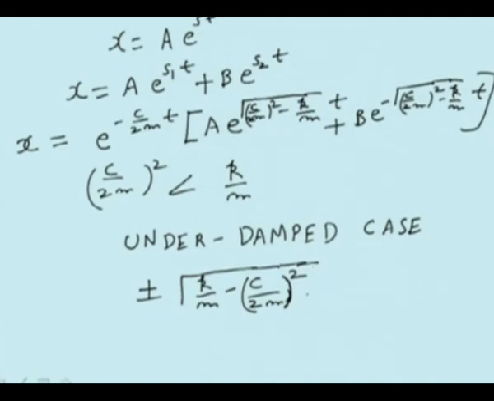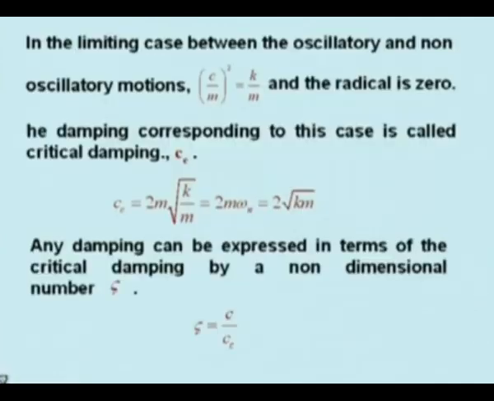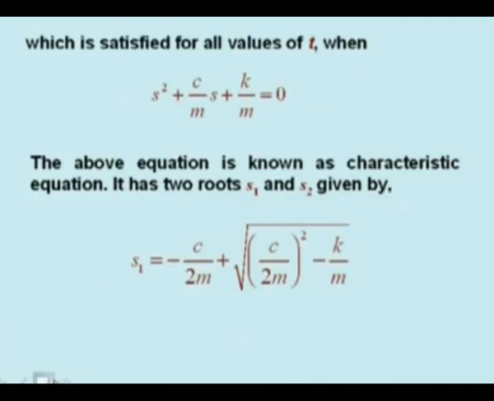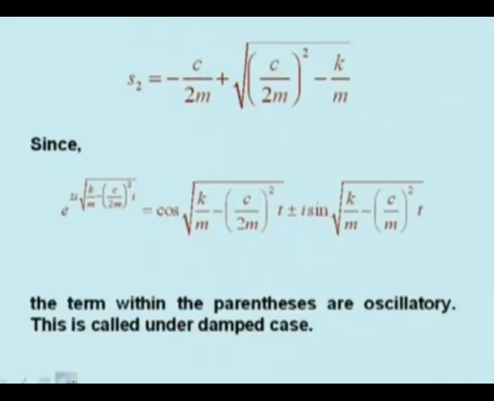Therefore, in this case you have S1 and S2 as above. Now consider e to the power plus minus i times under root (k by m minus (c by 2m) square) t.